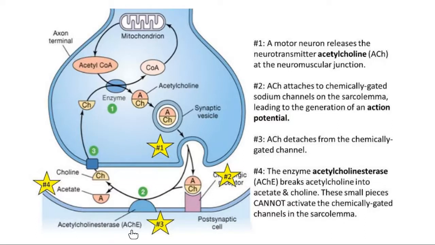What happens with sarin gas exposure is I hear my message once, it depolarizes my membrane, makes it more positive, but then that same message goes and finds another receptor on the membrane, and I respond to it again. And then I let go of that receptor, and maybe I go find another receptor, and I respond to that message over here. I just keep responding to that message over and over again.